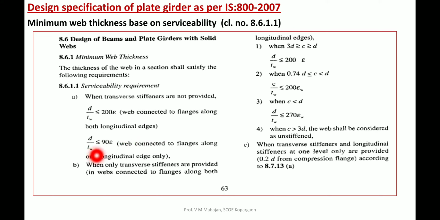The next condition is when only transverse stiffeners are provided, with the web connected to the flange along both longitudinal edges. The first is when 3d is greater than or equal to c, which is greater than or equal to d, where D by Tw is less than or equal to 200 times epsilon. Such conditions we add as per the requirement, following clause 8.6.1.1 for the minimum web thickness based on serviceability criteria.